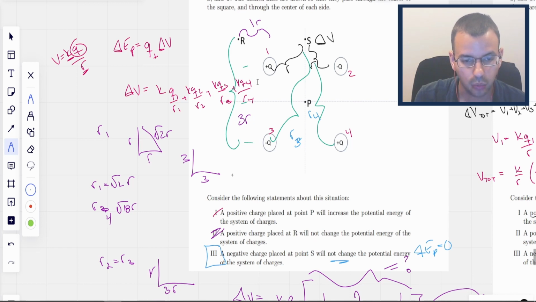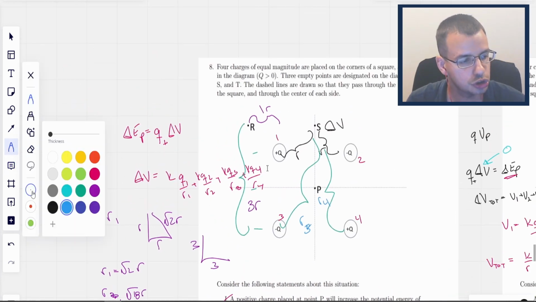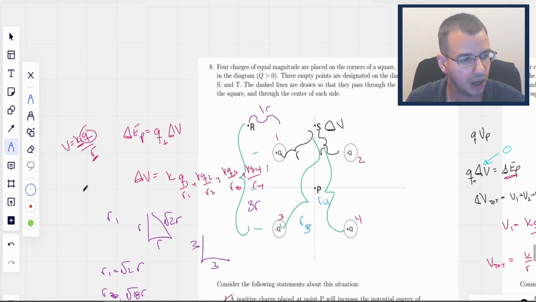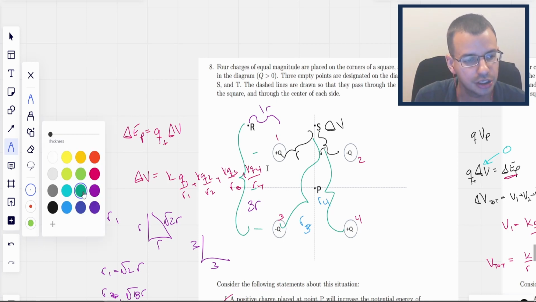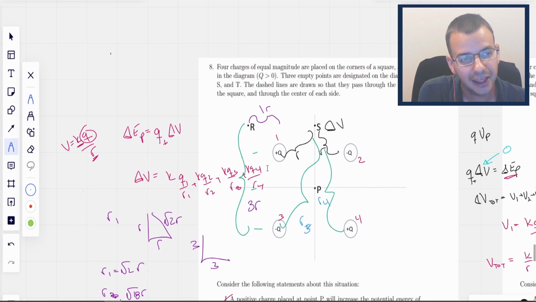Therefore, for the same reason that 1 was false, 3 is true. So to backtrack what we did real quick, I know, super complicated, I went way deeper than I should have for a lot of those. The concept we're going for in this one is potential energy equals kq over r.